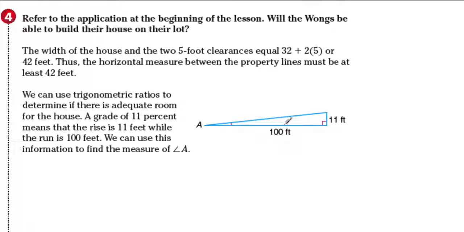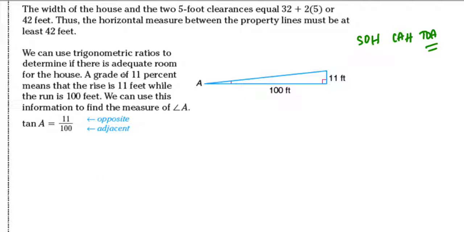So you're talking about the adjacent and opposite sides, and if you remember SOHCAHTOA, opposite and adjacent give you the tangent ratio. So tangent A equals 11 over 100. Tangent A equals 0.11, and then angle A will be 6.3 degrees.